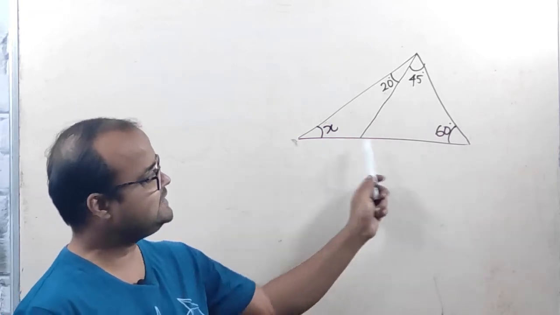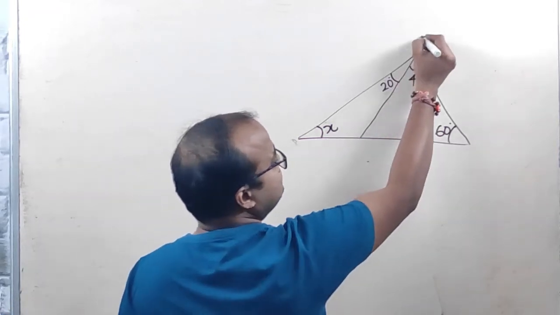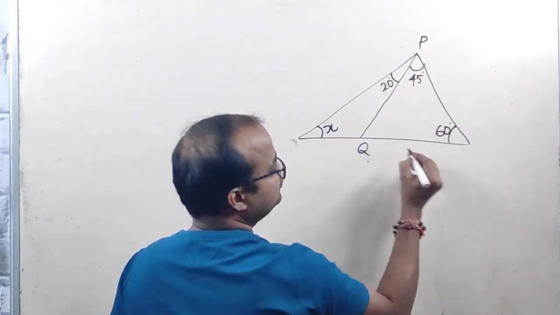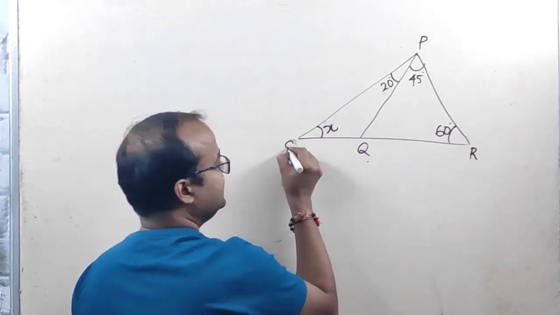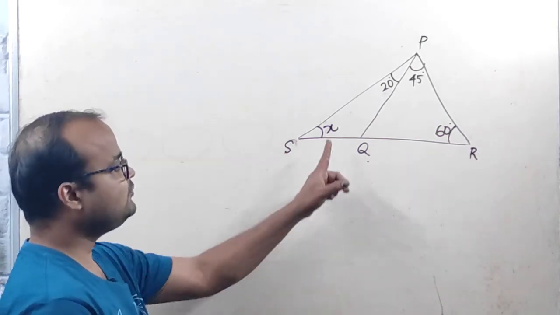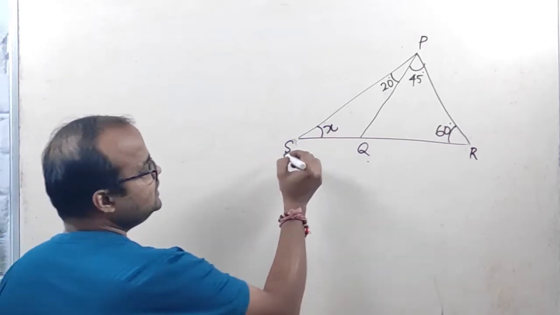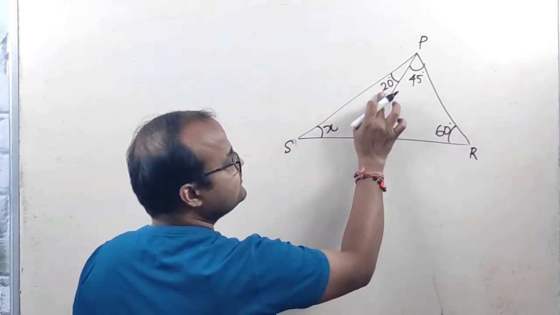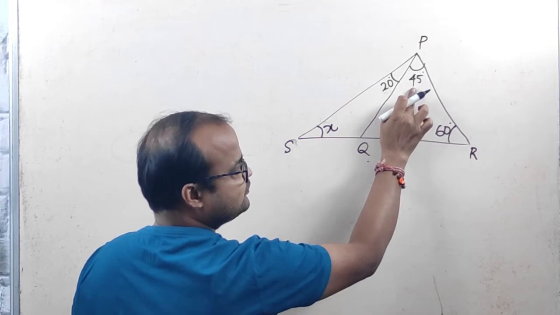So first we name the vertices as P, Q, R and S. We need to find out the value of X here. Now this angle is given as 20 degree and this is 45.